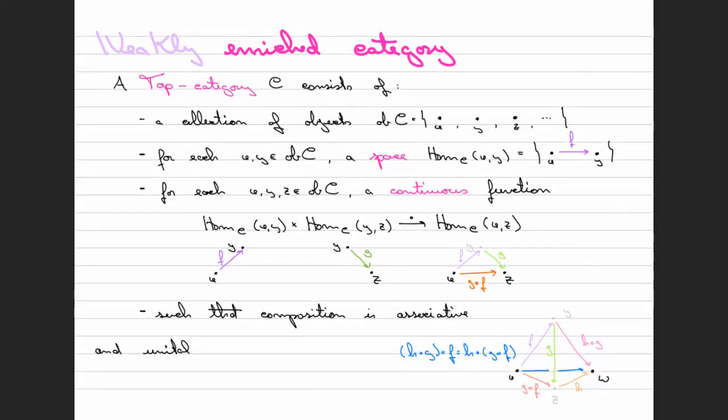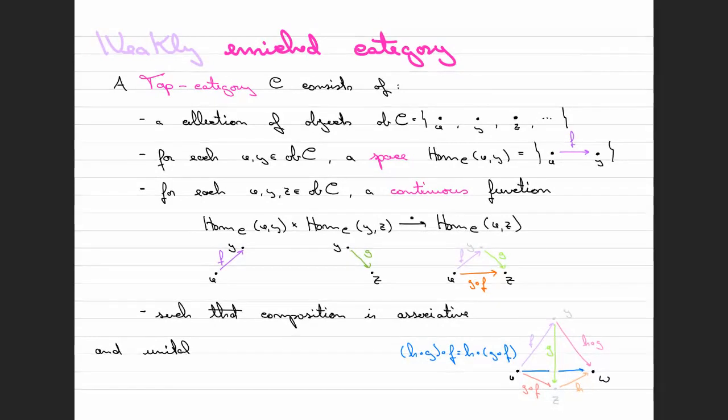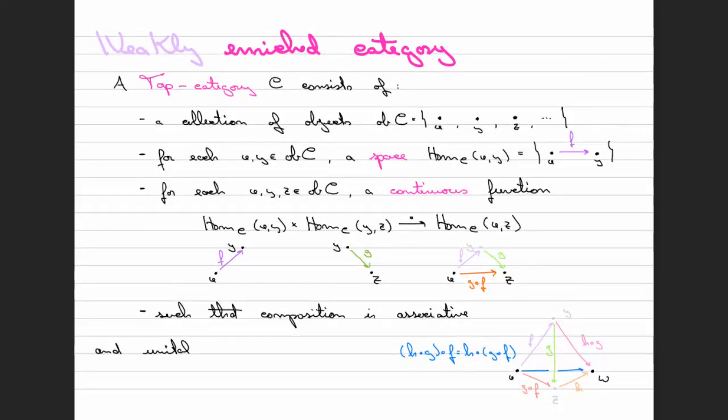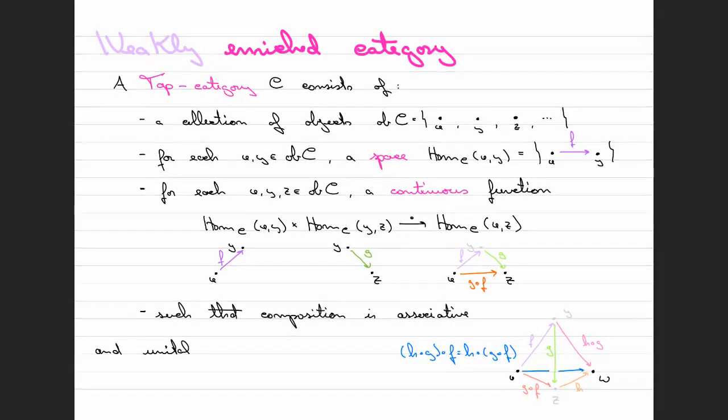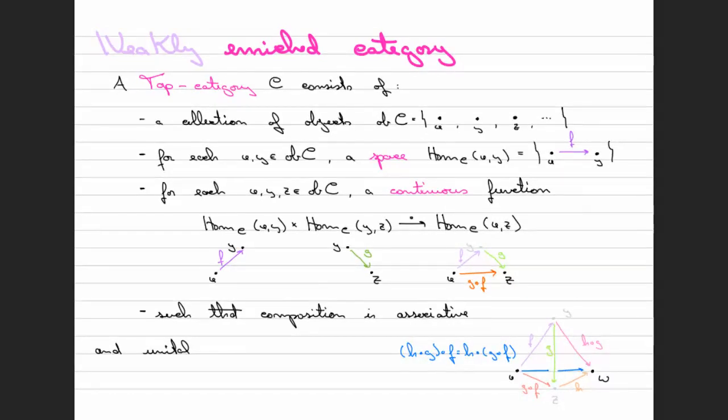So I'm not going to define what a general enriched category is, but they are meant to describe the situation that you have when the set of arrows from one object to another is a bit more than a set, or maybe even something else. But so in top categories, so a category enriched in topological spaces or a topological category, these are all synonymous, we have a collection of objects still, but now between any pair of objects, we have a topological space of arrows.